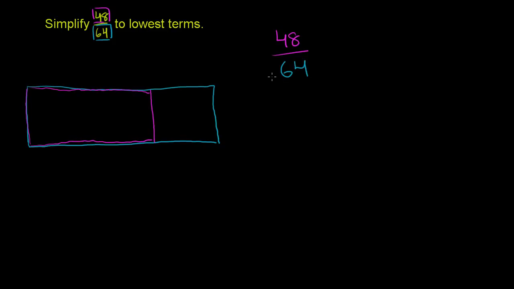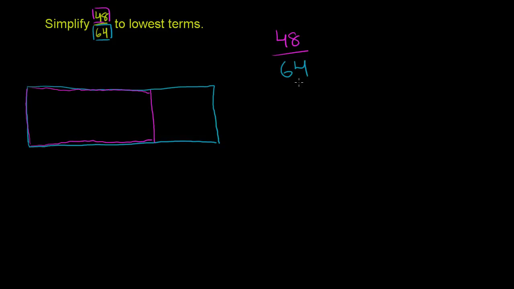Now, is there a way to group these 48 or these 64 into groups of numbers that will maybe simplify them a little bit? To think about that, you'd have to think about what is the largest factor that is common to both 48 and 64? Or you could think of it as their greatest common divisor.